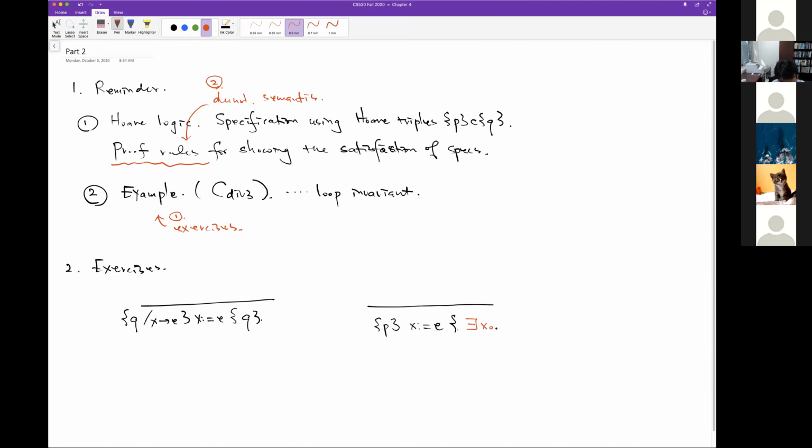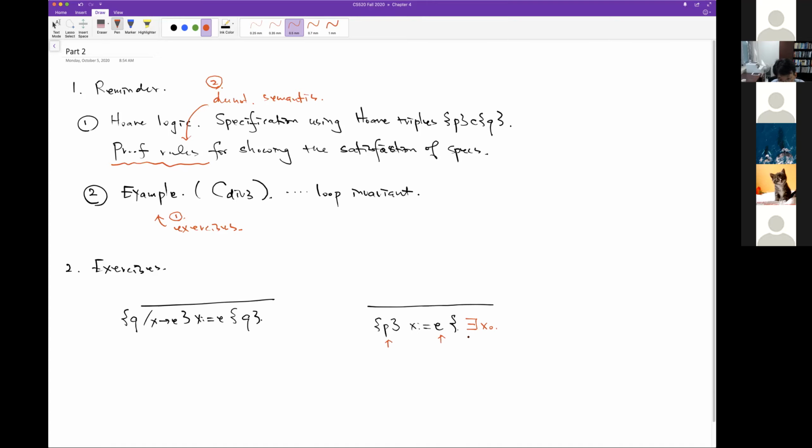The core of this existential quantification is to talk about the old value, because after the assignment, in the final state, the old value of X is not going to be available. But if X appears in expression E, as well as if X appears inside the precondition P, they refer to the old value of X, not the new value. So we should have some way to talk about this old value.